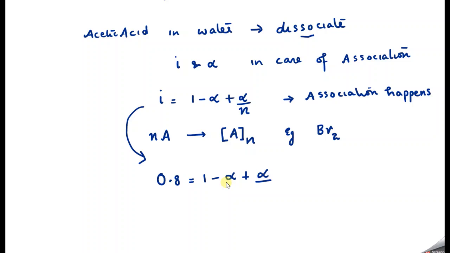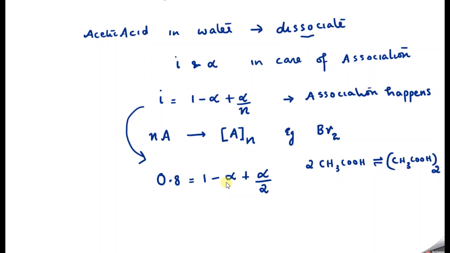What is n actually? They are telling dimerization. Dimerization means di means two, so 2 CH3COOH forming a single molecule. This is called dimerization. So the n value is 2 here.